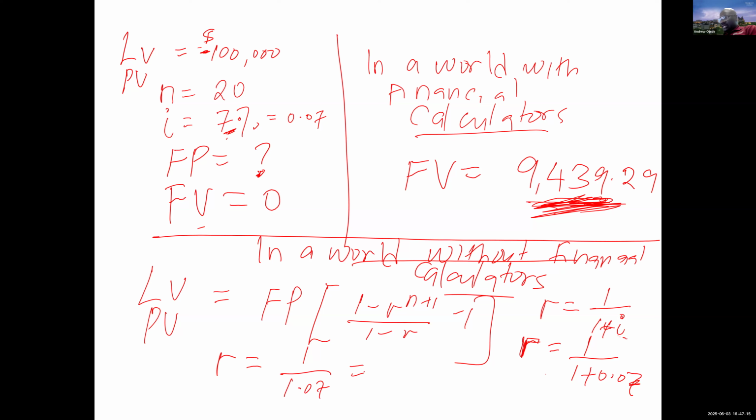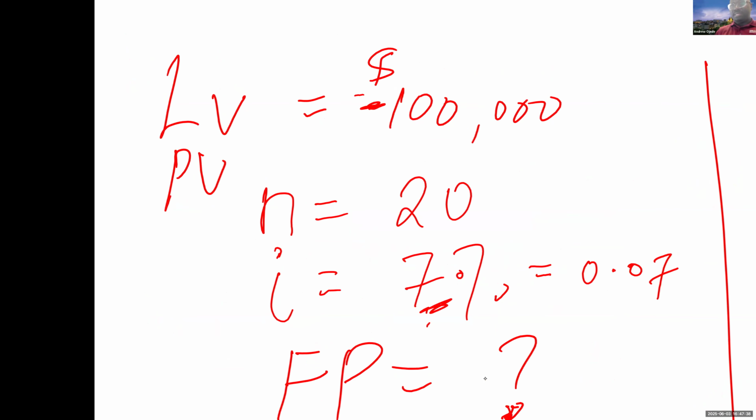You're just going to get all the digits. They might be ugly, but you record them down somewhere. So 1 divided by 1.07, what do I get? This ugly number is 0.934579. I hate this.